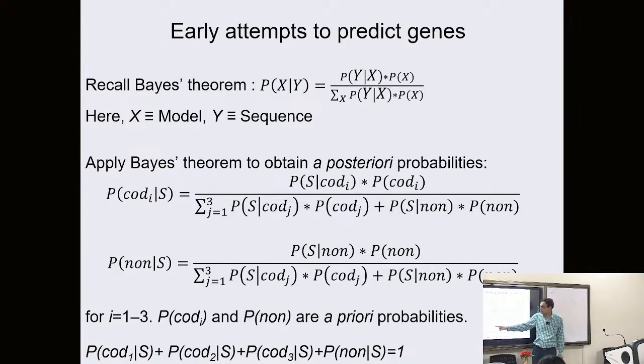When you consider j is equal to 2, then this would be the probability of S given coding subscript 2, which means frame 2, multiplied by the probability of coding subscript 2, and then plus, now consider j is equal to 3, plus the probability of S given coding subscript 3 multiplied by P of coding subscript 3. So done all three. Then you add to that the probability of S given non-coding multiplied by the probability of non-coding.